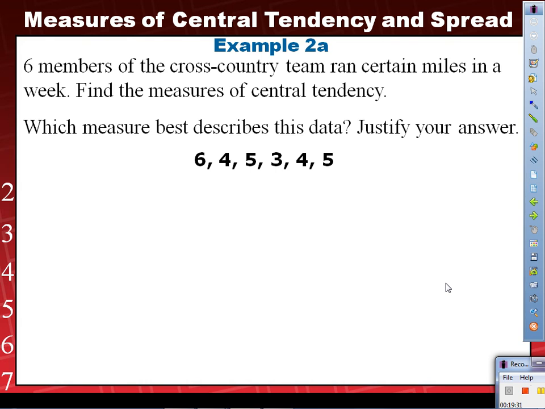The data for the miles that they ran for the week are 6, 4, 5, 3, 4, and 5. Copy that and answer the questions and find the measures. Ready, go. All right, check with the neighbor, see what they got for problem number 2A.